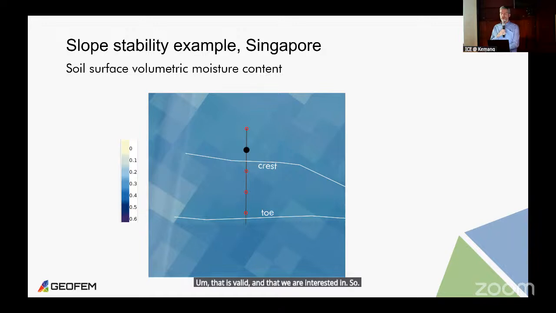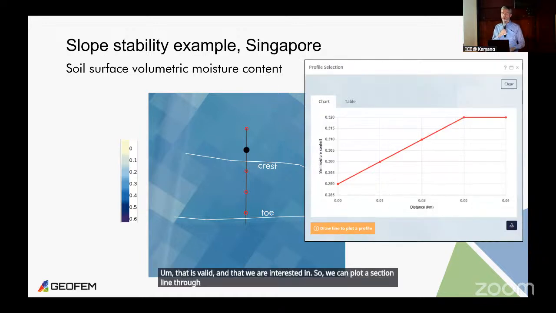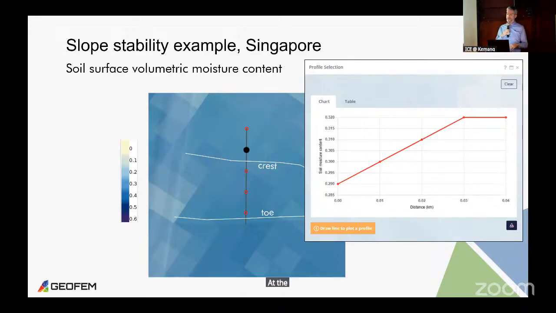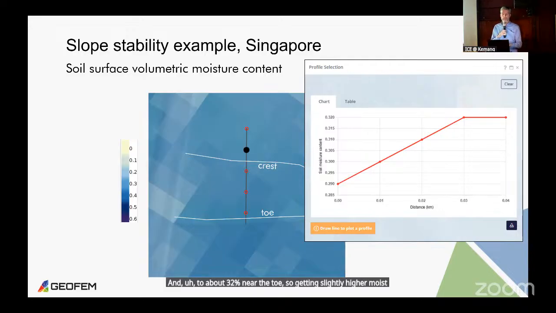So we can plot a section line through there and look at the moisture content at the surface, increasing from about 29% near the crest to about 32% near the toe. So we get slightly higher moisture content towards the toe.